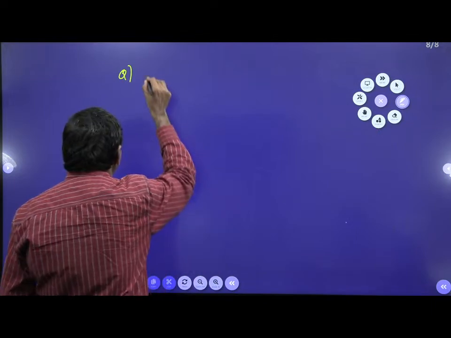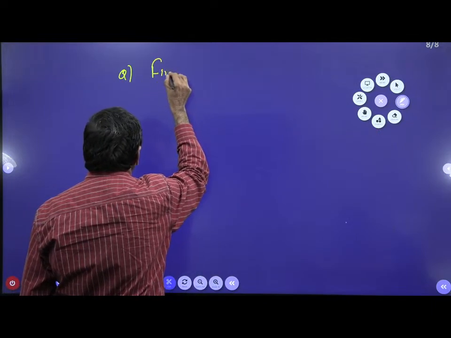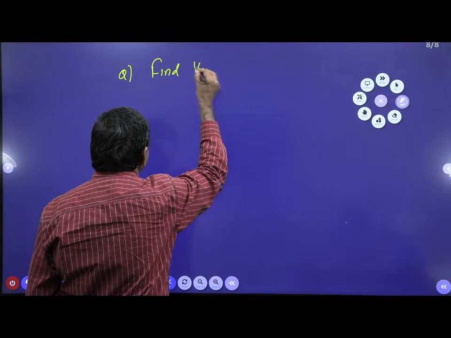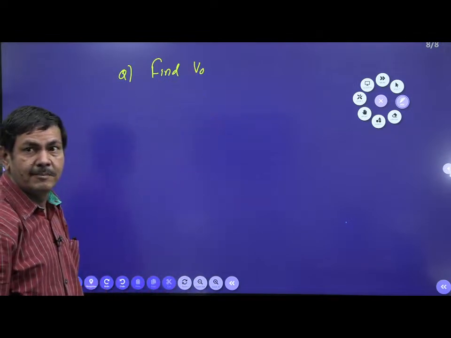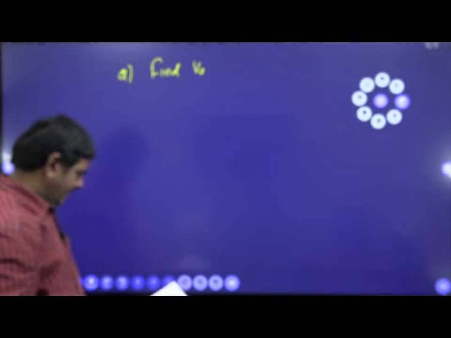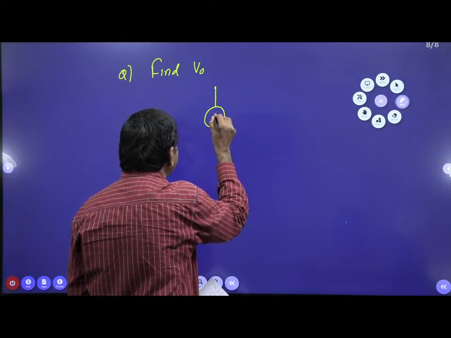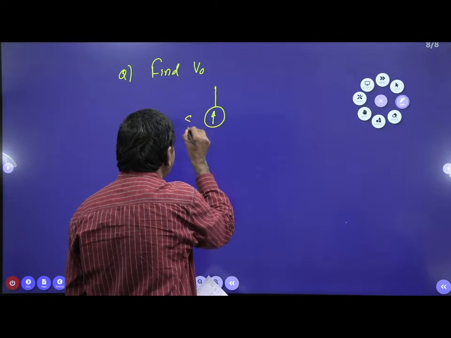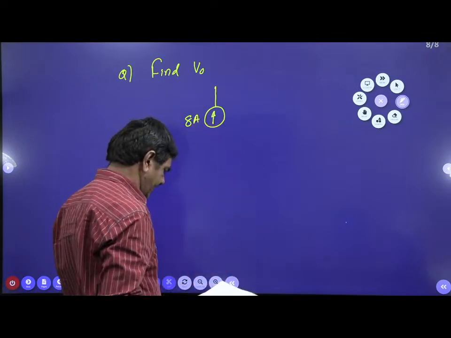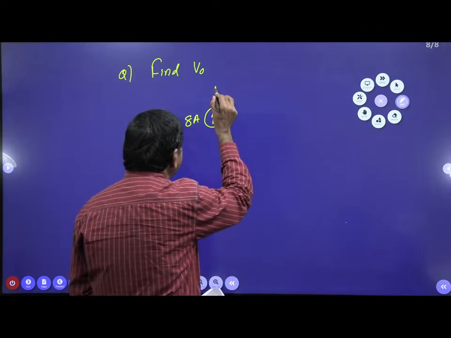Find V naught. It is asking to find V naught. The network is given like this. Here it is connected with a current source of 8 amperes on this side.